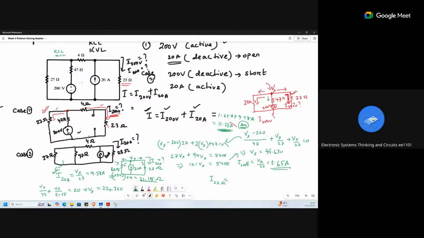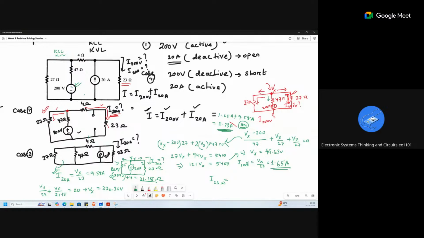Superposition principle means what? If you have more than one source, we have to see the effect of each source. Whenever only 200 volt is there in the circuit, 20 ampere is not there, what is the current you are getting through the 23 ohm? Again, if there is no 200 volt, only 20 ampere, what is the current you are getting through the 23 ohm? Then at the end, you have to see when those two sources are available in the circuit, what is the current actually flowing through this 23?